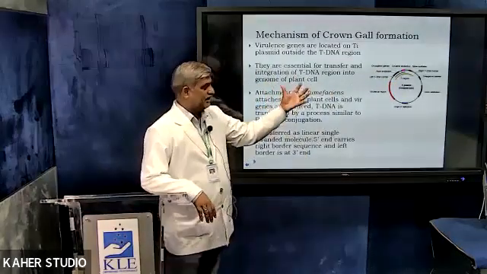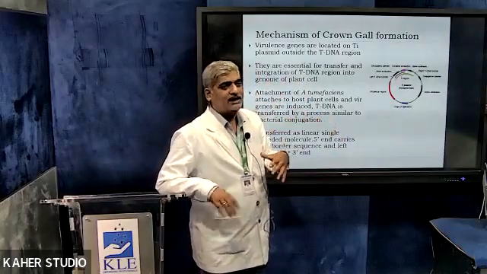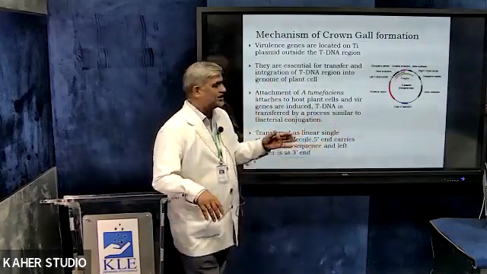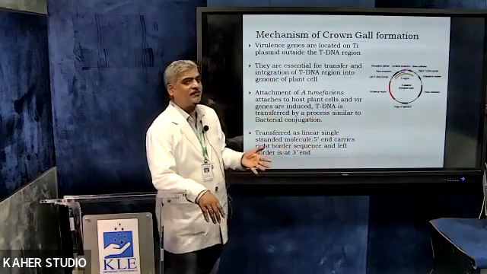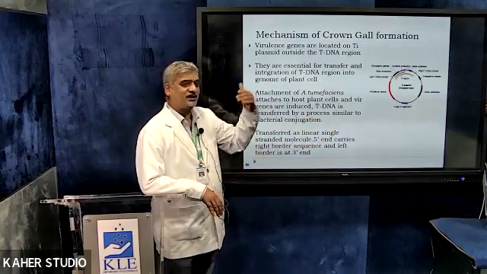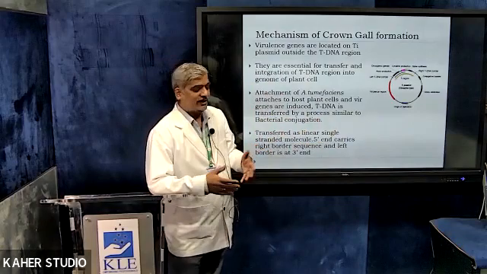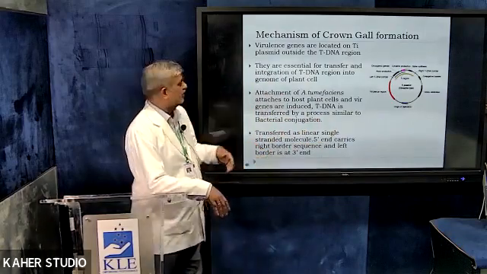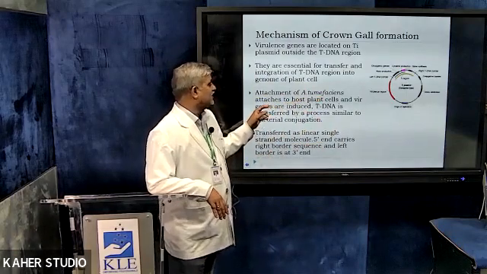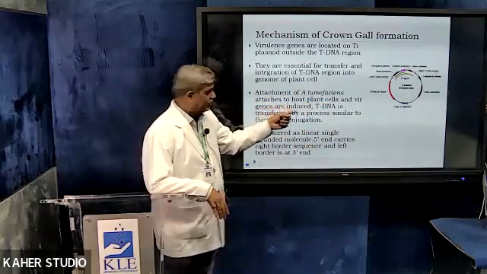So from nature, the Ti plasmids are isolated, modified to suit the needs of the genetic transformation, and genes are introduced into the Ti plasmid, transformed into the agrobacterium, and which are then subjected to attachment to the plant wherein we wish to have a desired modification. So the Agrobacterium tumefaciens attaches to the host plant cells, and virulence genes are induced.